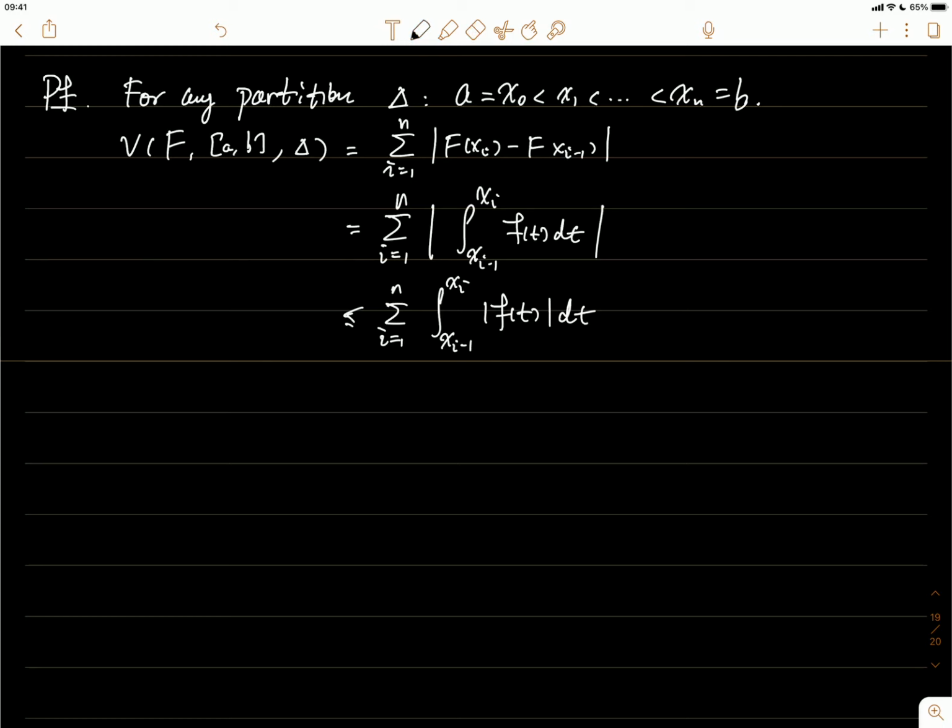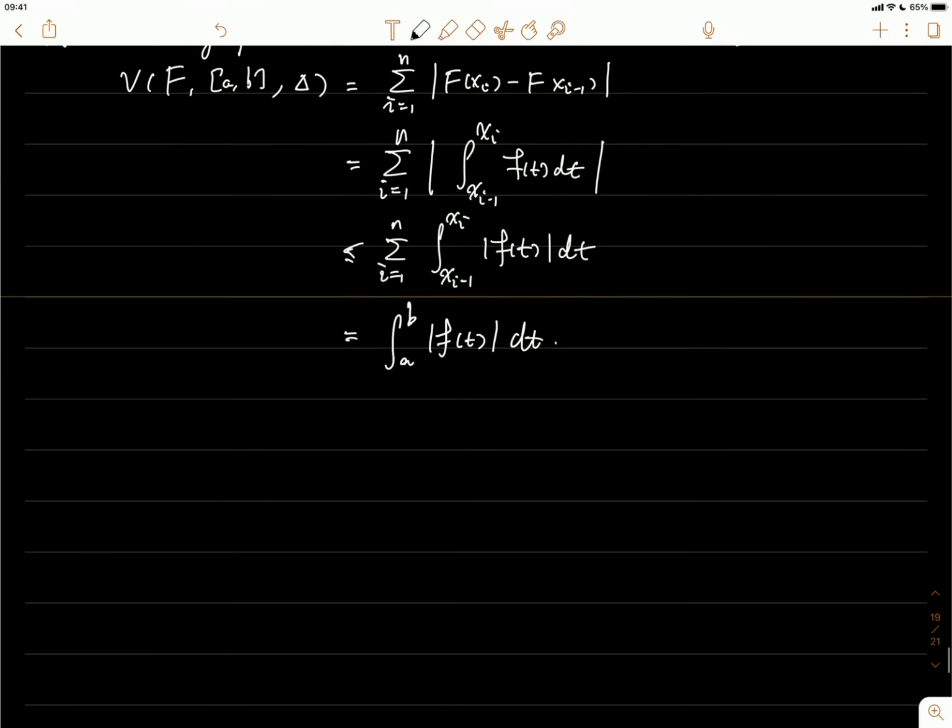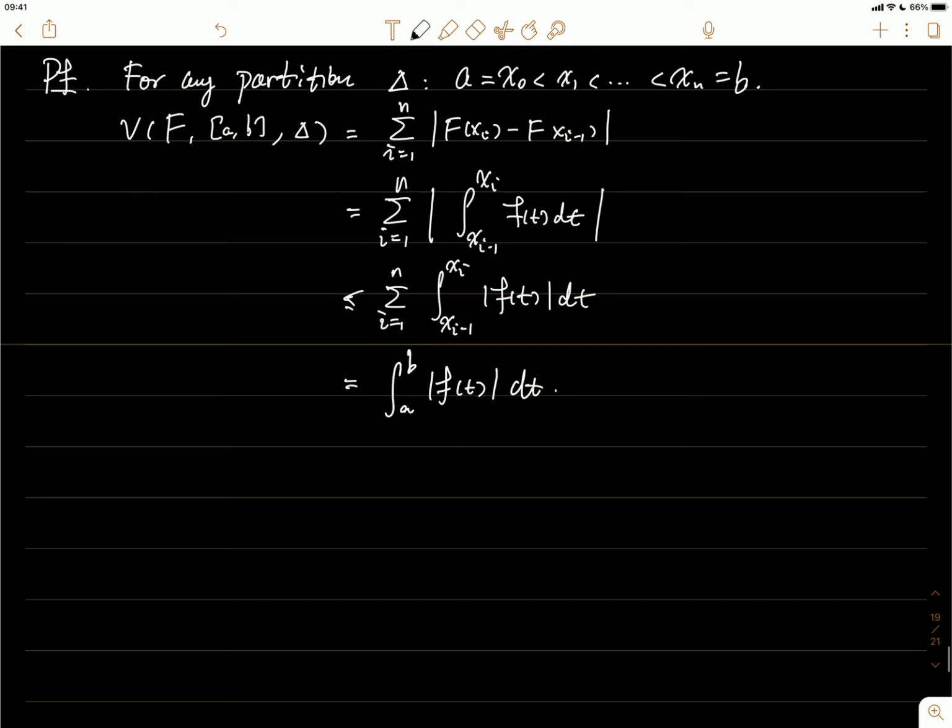Okay, and this is just partitioning the interval and doing this integration on each piece, and this is just equal to the integral over here. Now we have shown that for any partition, the variation will be less than or equal to that. Taking the supremum of both sides, it will still be less than or equal to the right hand side.